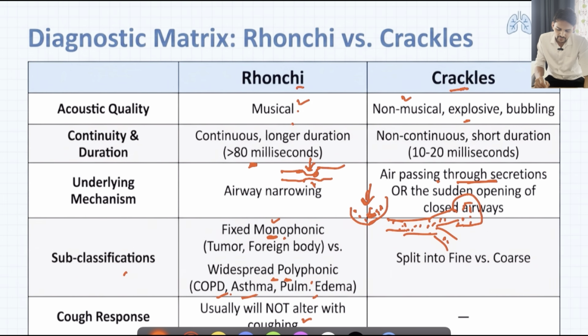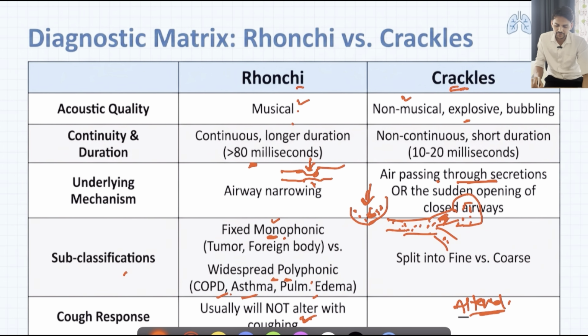And again, if you see here the relation with coughing, upon coughing there might be some alteration in the secretions, leading to change in the nature of crackles. So definitely this might get altered upon coughing. This point is one of the differentiating factors between these two.